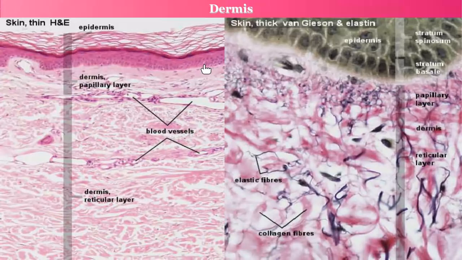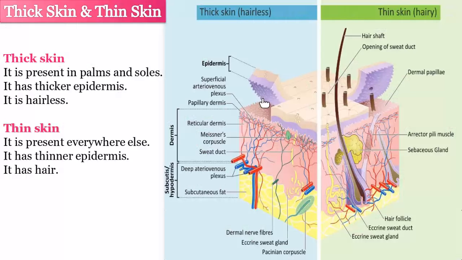If you go down, this is the dermis, the papillary layer, and the deeper part where I am showing you the pointer now is the reticular layer. These are the two layers of the dermis. I hope this is clear. Now let us go to the next, that is the difference between thick skin and thin skin. Not the difference, the characteristic features. The thick skin is the hairless skin and the thin skin is the hairy skin.